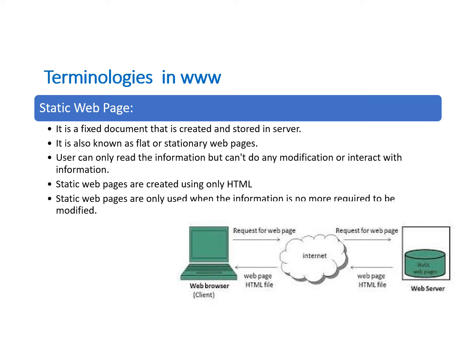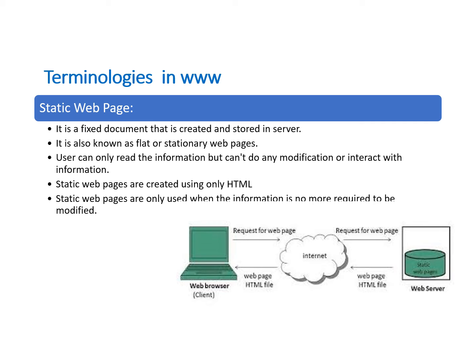Static web page. It is a fixed document that is created and stored in the server, and it is also known as flat or stationary web pages. The user can only read the information but cannot do any modification or interact with the information.